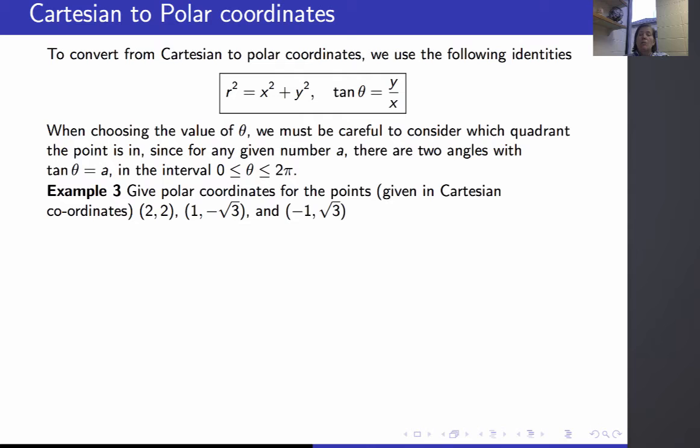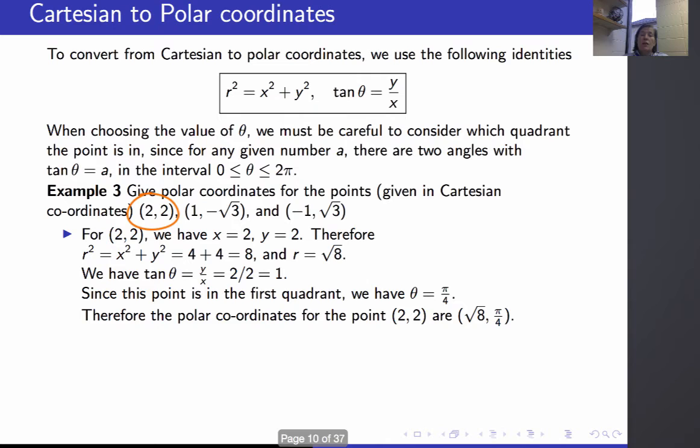So for example, suppose I'm given a point in Cartesian coordinates where x equals 2, y equals 2, and I'd like to find the polar coordinates. I know that the r value is the square root of x squared plus y squared, so that's the square root of 4 plus 4, which is the square root of 8, so r is the square root of 8. And we must also have tangent of theta is y over x, so tangent of theta is 2 over 2, which is 1.